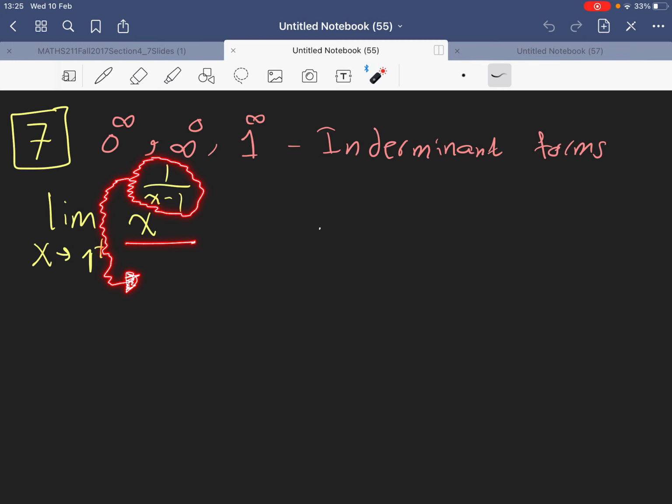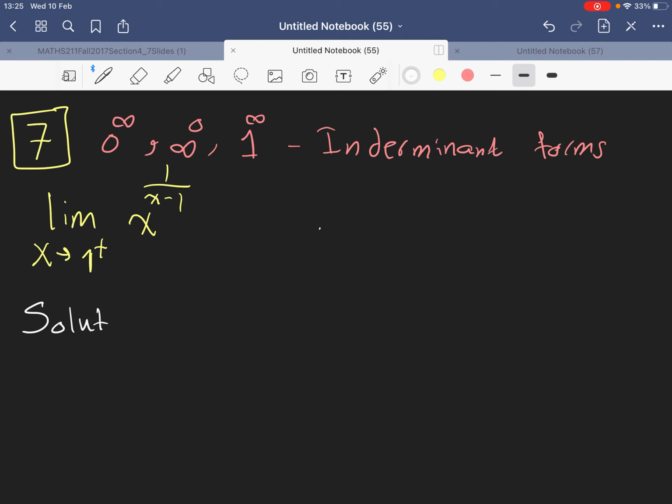Because the target I have in mind is to use L'Hopital rule, and in order to use L'Hopital rule, I should have numerator and denominator: something in the top, something in the bottom. So let me solve this question, and while I'm solving it, I'll explain to you what should be done.